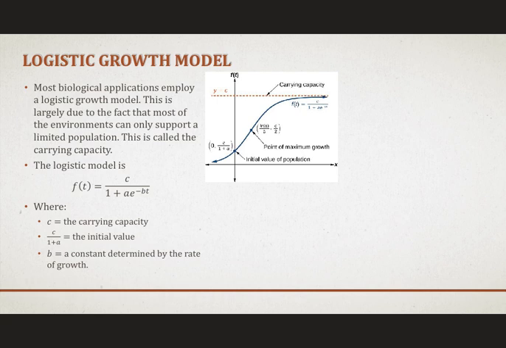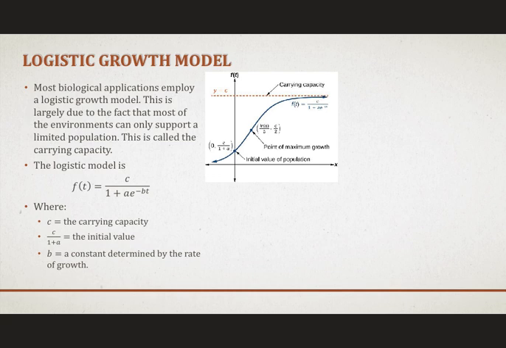This is a slightly different kind of model. It has to do with things that are limited in terms of growth. This is applied to most biological applications because if you're talking about, say, the population of wolves in Yellowstone, they're not going to grow exponentially.